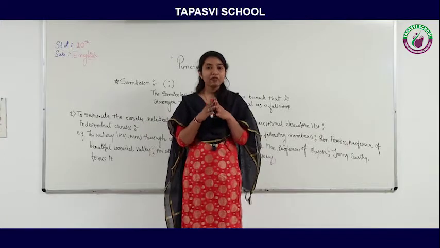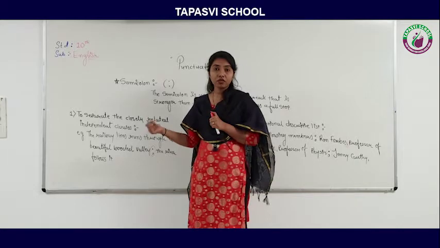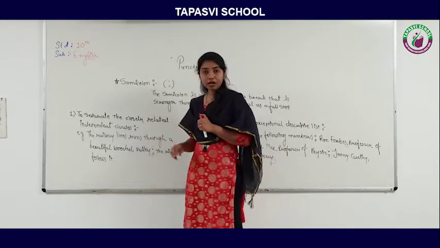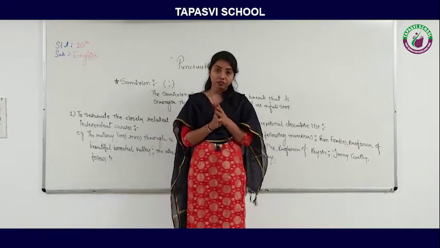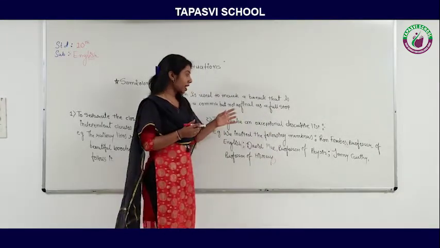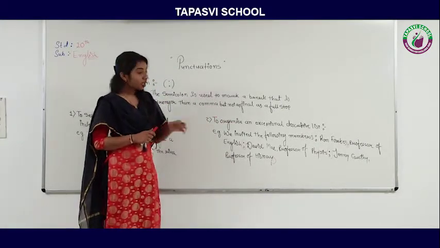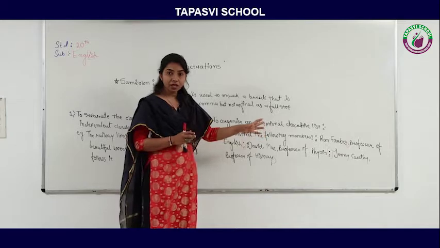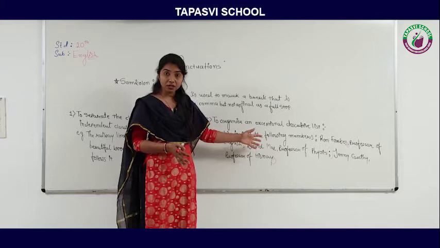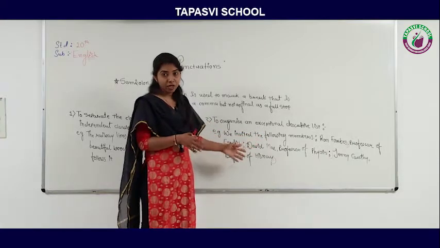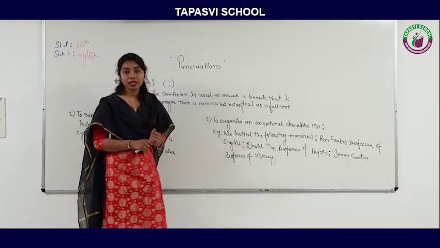At that time we have to use a semicolon. Also with closely related independent clauses that we want to join. And secondly, in an exceptional descriptive list, where a person, then a description, then again the next person with their information is there. If we want to divide them, we use a semicolon.